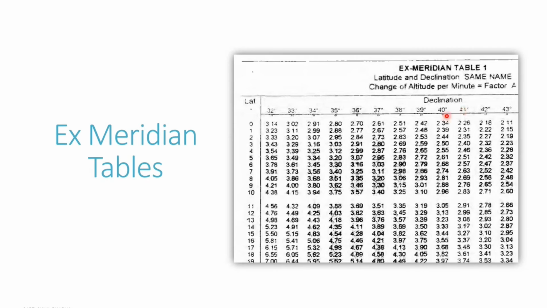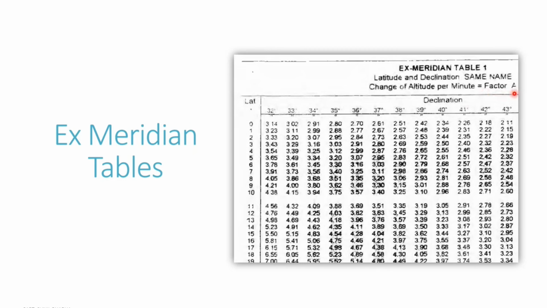Now let's assume that the declination was 40 degrees and the latitude was 10 degrees. So 10 degrees latitude and 40 degrees declination, the table gives us a value of 2.96. This is also known as factor A. You can see it here.